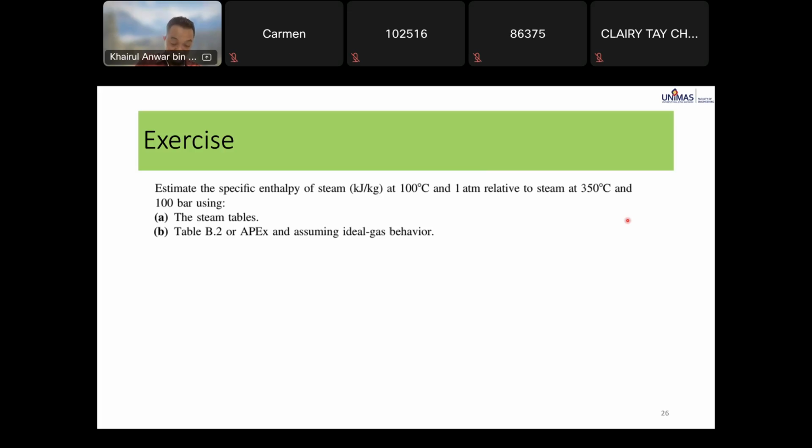So you need to do interpolation between 349 and 352. But the value is between 2551 to 2568. Let's say it's 2560. So 2560 minus 2676. So that is the method using steam table.